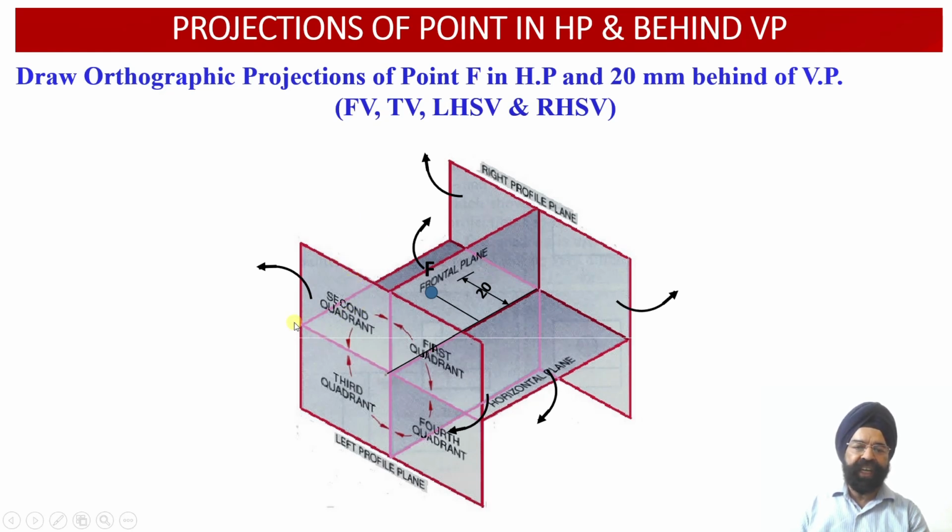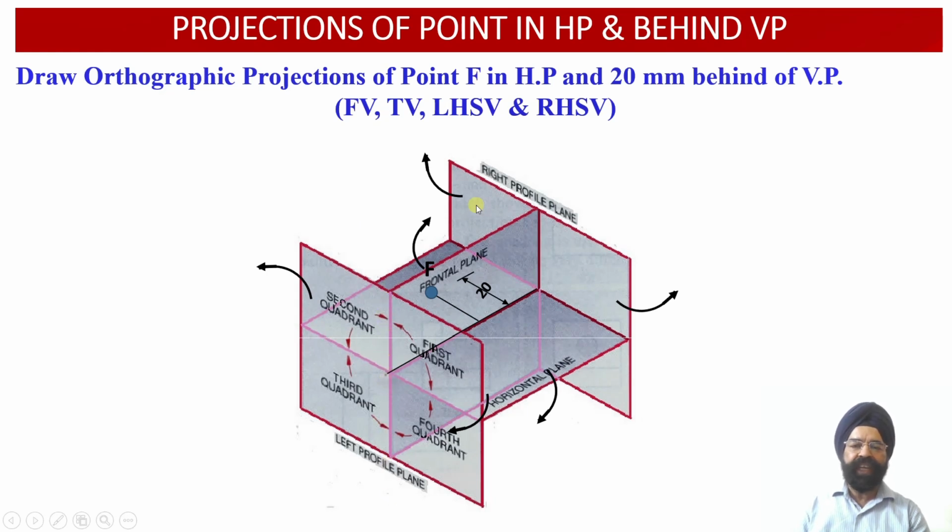Now we can check this portion of the horizontal plane which is lying behind the vertical plane. It will be rotated in the clockwise direction, in the upward direction, about this XY hinge. This is the XY reference line. Then the left profile plane will be rotated in the leftward orientation about this vertical hinge.